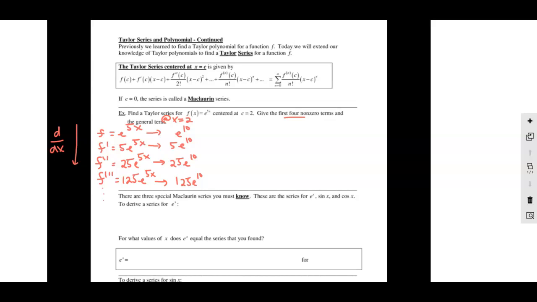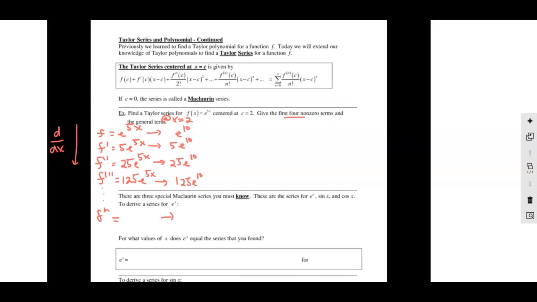We can keep going. Let's think about what our nth derivative would look like, because we're going to need a general form also. So let's think. We have that the first one is just 1 e to the 5x. Then we have 5. Then we have 25. That's really like 5 to the 0, 5 to the first, 5 to the second, and so on and so forth.